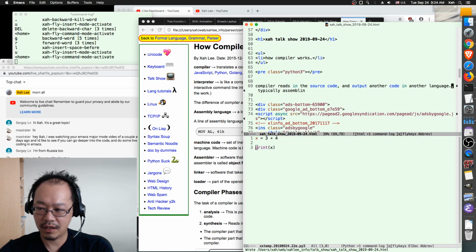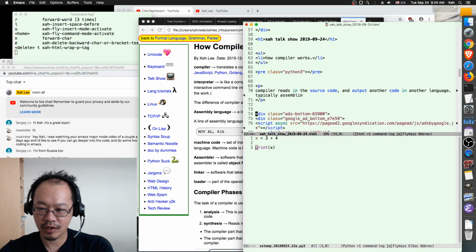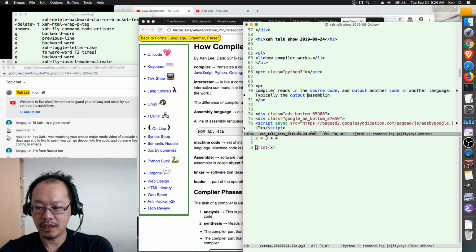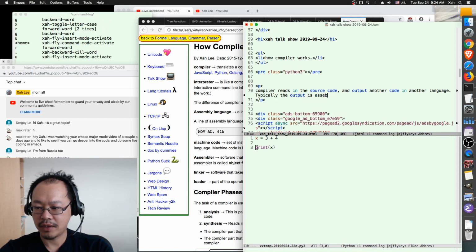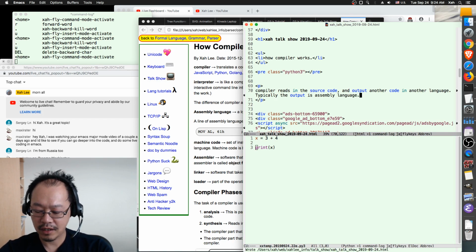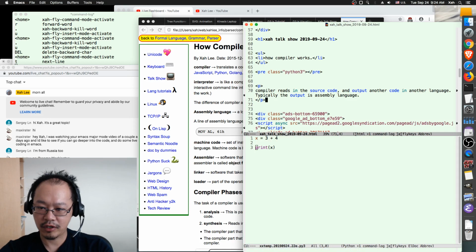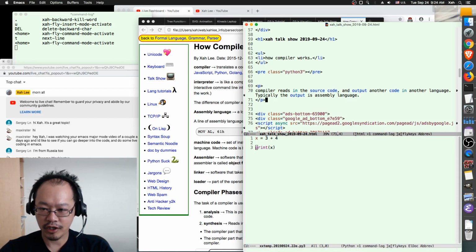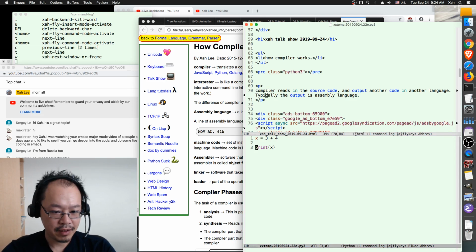It basically translates one language to the other, but typically the output is assembly language. Now assembly language is the lowest language for the machine to read. We're gonna explain that.